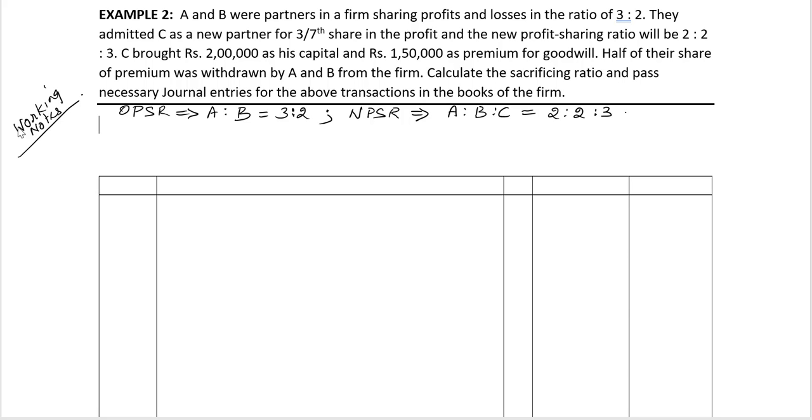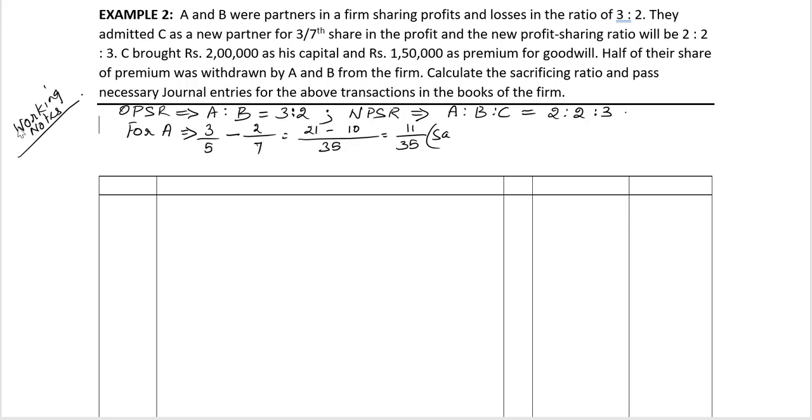Let's do old share minus new share. For partner A, old share 3/5 minus the new share 2/7, we get positive 11/35.